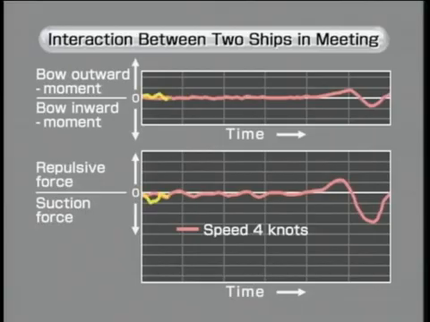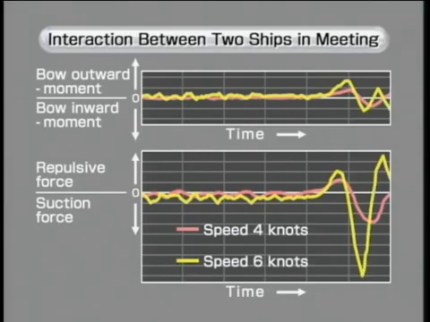The results comparing the effects of interaction at 4 knots with those at 6 knots demonstrate that the interaction between two ships passing becomes larger and persists proportionally to ship speed.